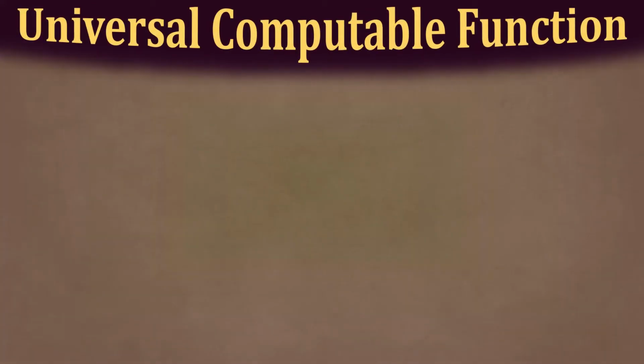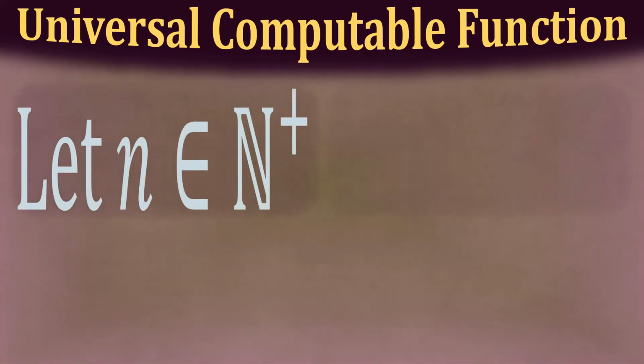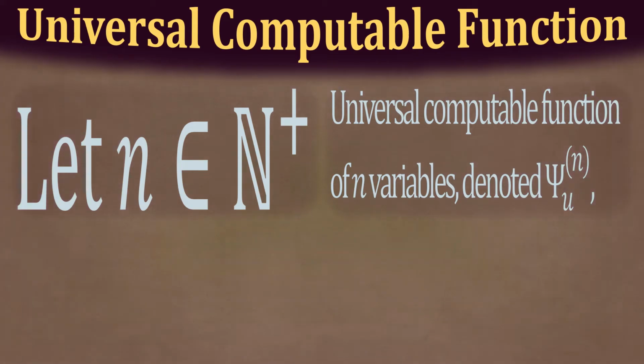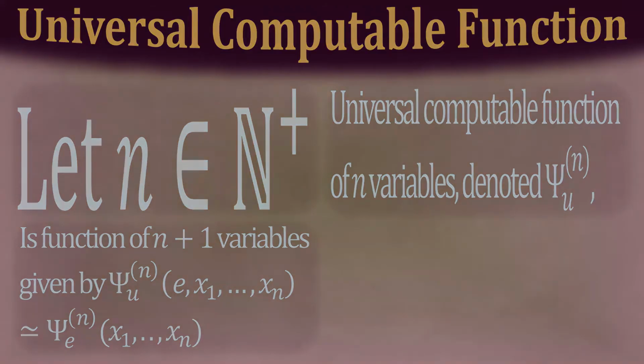Now let's define the universal computable function. Let n be a positive natural number. The universal computable function of n variables, denoted psi_u^[n], is the function of n+1 variables given by psi_u^[n](e, x1, ..., xn) is approximately equal to psi_e^[n](x1, ..., xn).